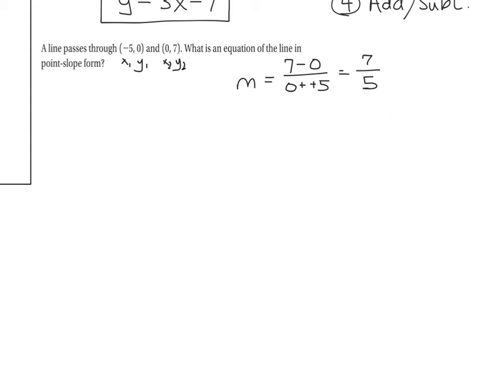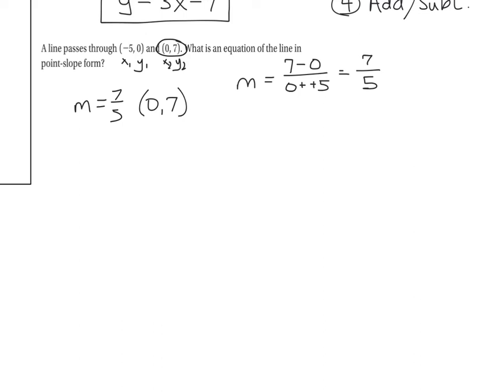Now I'm going to pick a point. I said pick the lower numbers, but anytime I can get the x value to be 0, for example, it doesn't matter what ordered pair you pick, but because the x value is 0, I'm going to pick this ordered pair. So I have a slope of 7/5, and my ordered pair is 0 and 7.